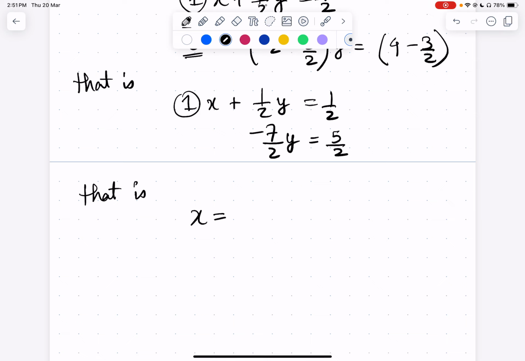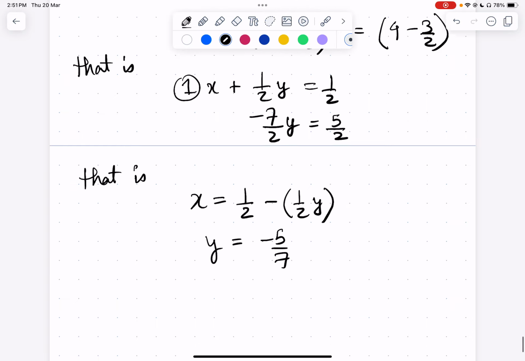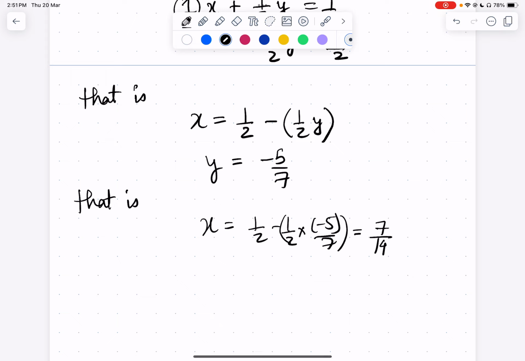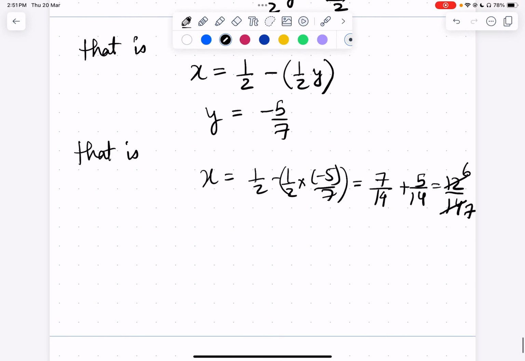That is x equals half minus half of y, and y is equal to minus 5 by 7. That is x equals half minus half of minus 5 by 7 equals 7 by 14 plus 5 by 14 equals 12 by 14. 2 6s are 12, 2 7s are 14, and y is equal to minus 5 by 7.